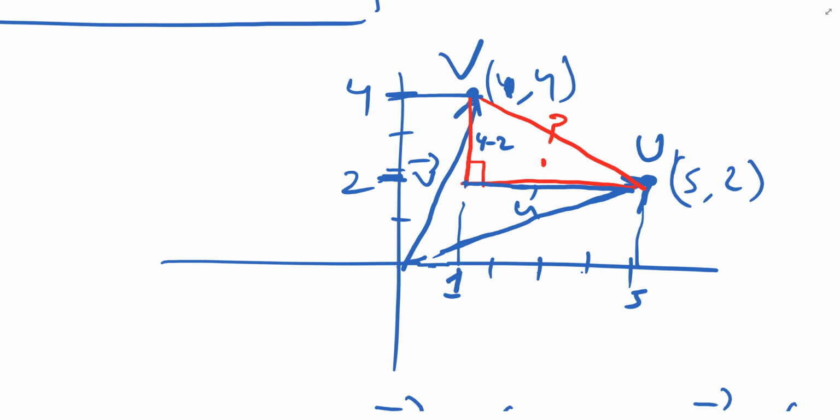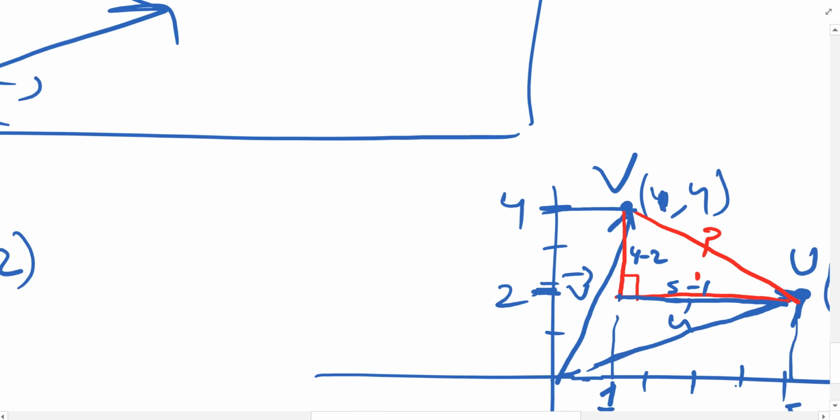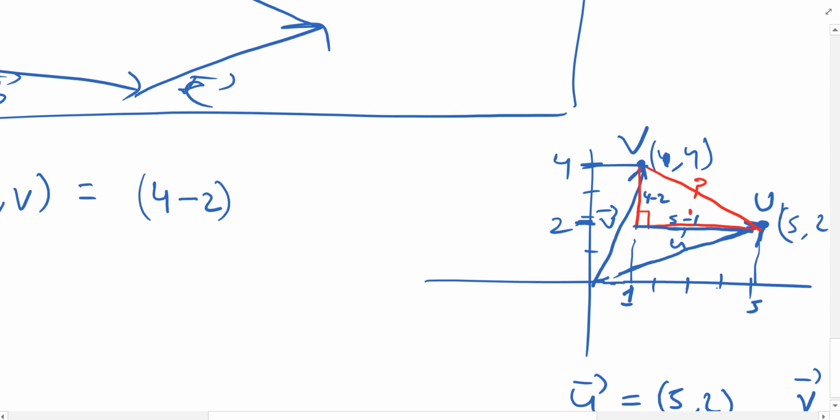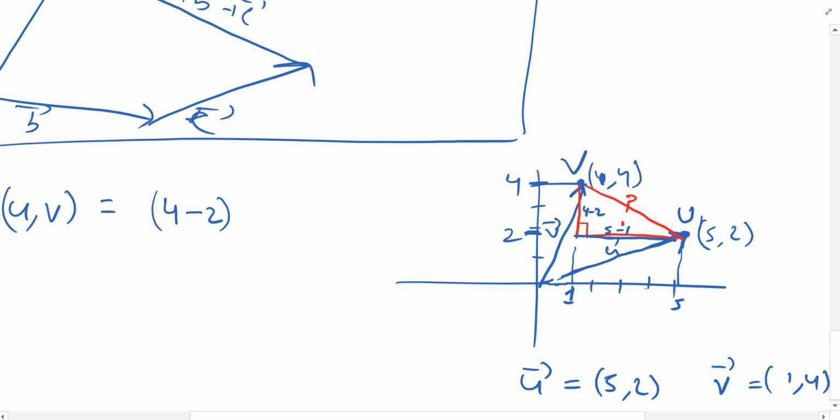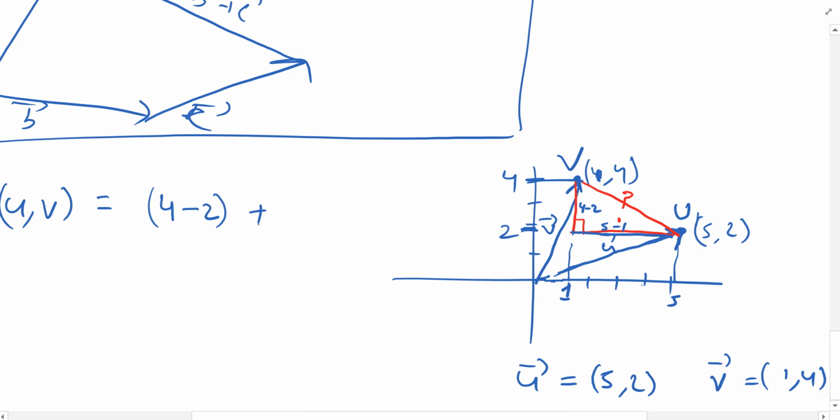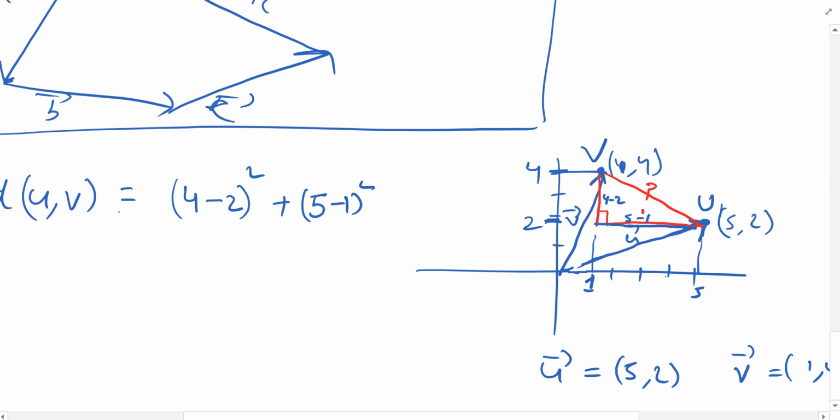So that's going to be 4, right? 5 minus 1. So you simply remember this trick: you take the differences of the x coordinates and y coordinates, and by the Pythagorean theorem we take the square root of them. So we square the small sides, and then we take the square root of that. That's going to be the distance between u and v.